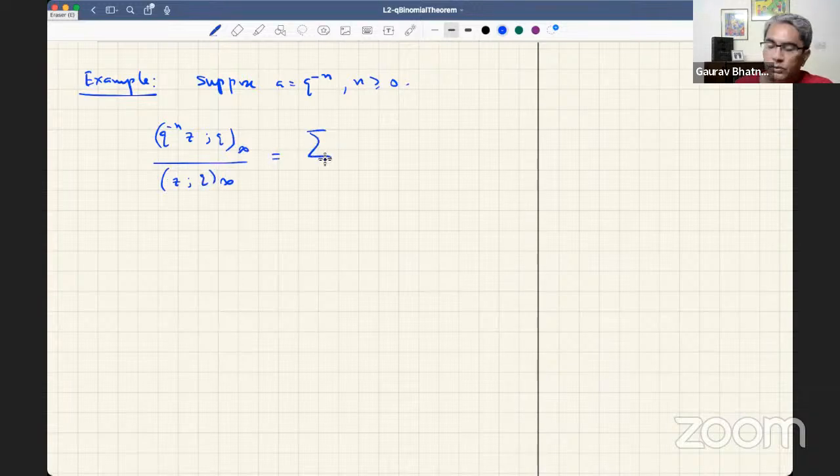This is what the theorem boils down to: (q^{-n}zq;q)∞ over (zq;q)∞ equals the sum of (q^{-n};q)_k over (q;q)_k z raised to k.